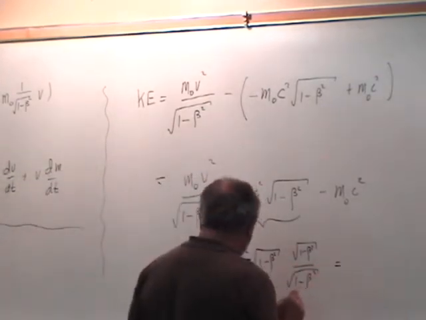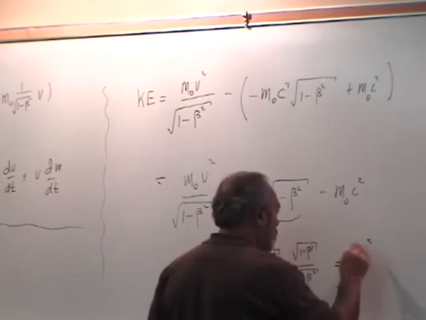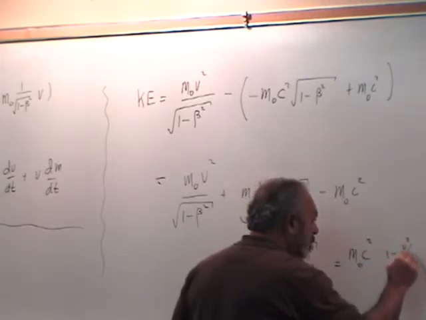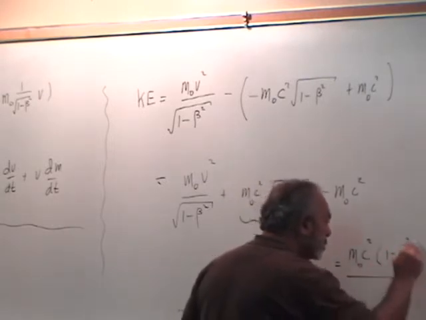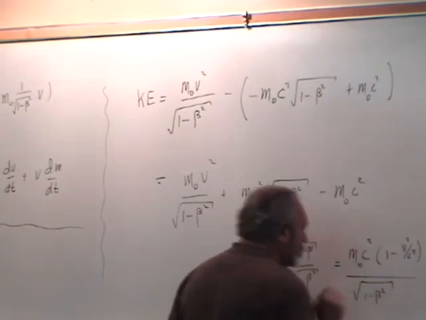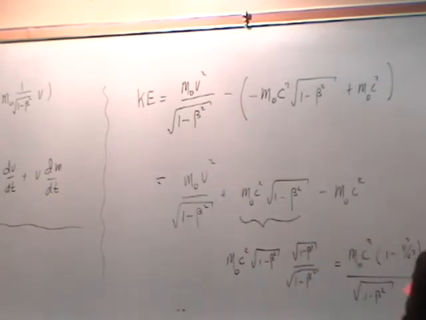I end up with m naught c squared times 1 minus v squared over c squared, divided by root of 1 minus beta squared. And this is the missing page of notes. So watch my algebra closely.